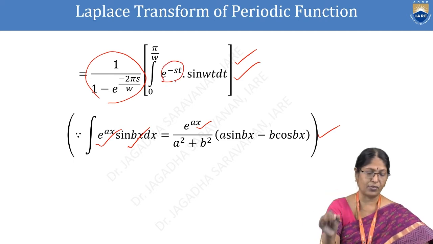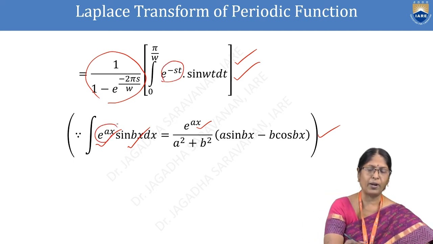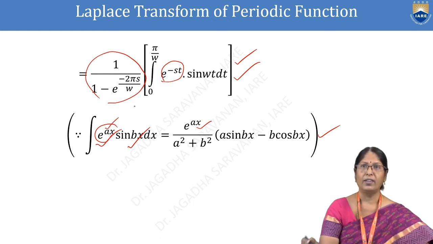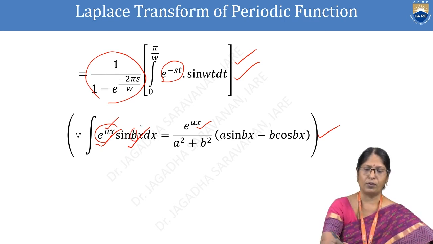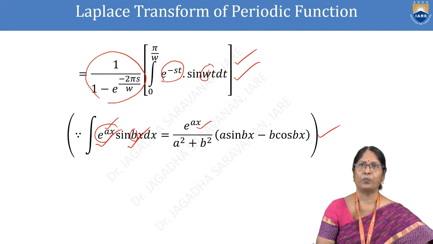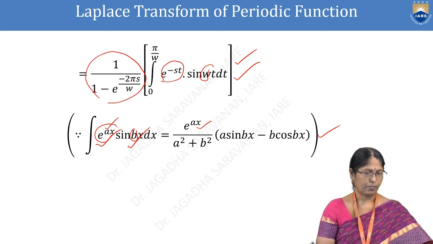Next, here we will do the comparison. E power minus st is there. Here in our formula, e power ax is there. That means what about a? A is playing the role of minus s. What about b? B is playing the role of this w, or omega also. Now we will apply it.